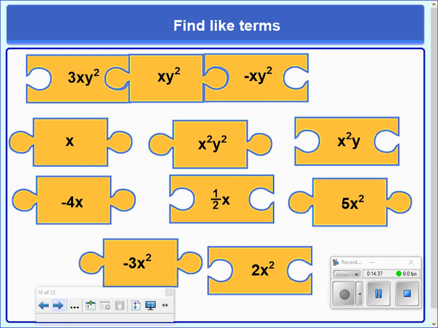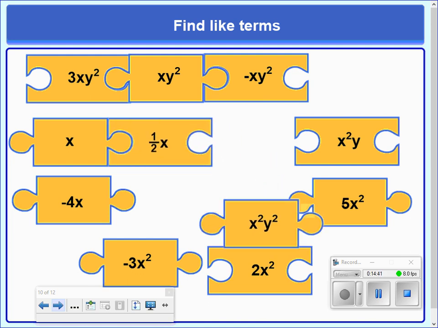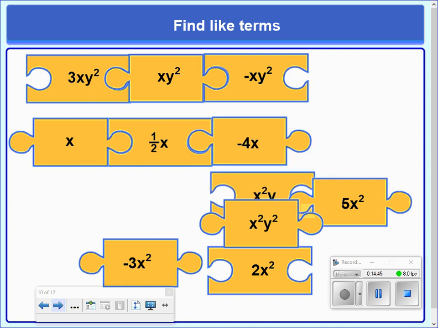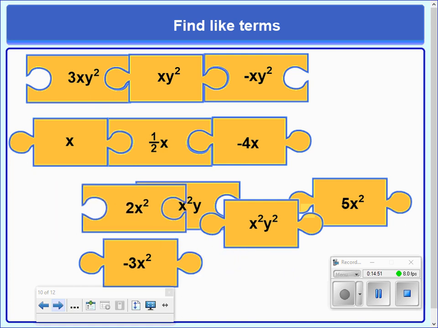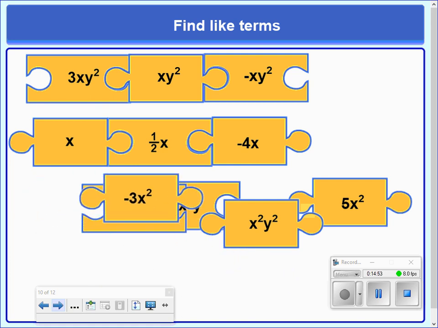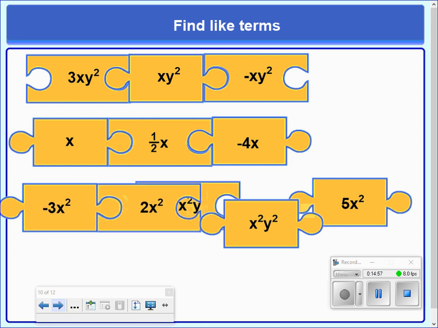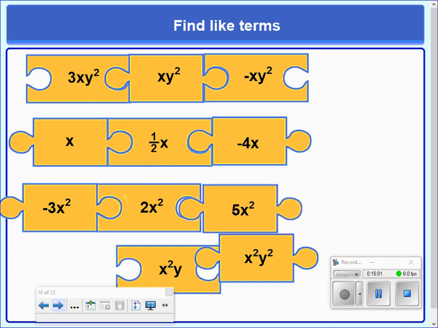If we're looking at x, any term that has just an x, so like 1/2 x or negative 4x, would be considered like terms. When we talk about x squared, we've got negative 3x squared, negative 2x squared, and we've got positive 5x squared. All of these have an x squared.